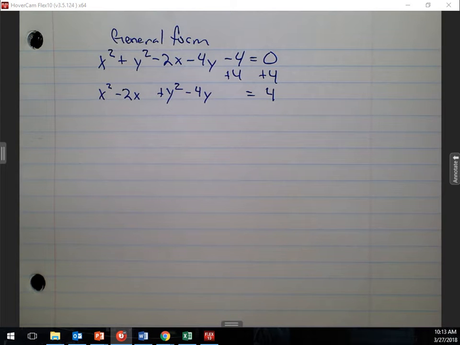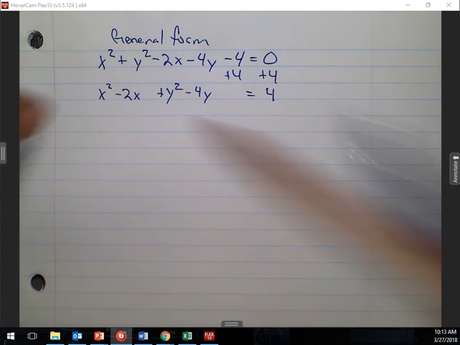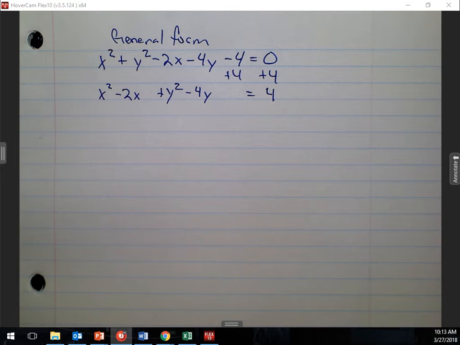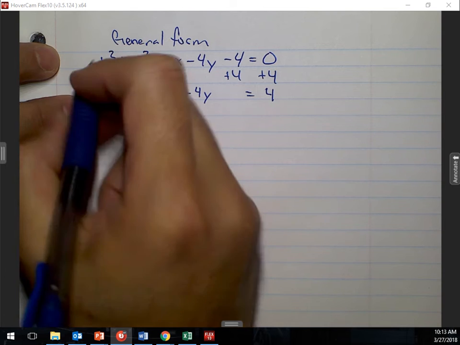Did I lose anyone? No, because I'm trying to separate right now. Okay, all right, now here comes the completing the square part. So I'm going to organize these into a trinomial. A trinomial has 3 terms. So it's going to look like this.